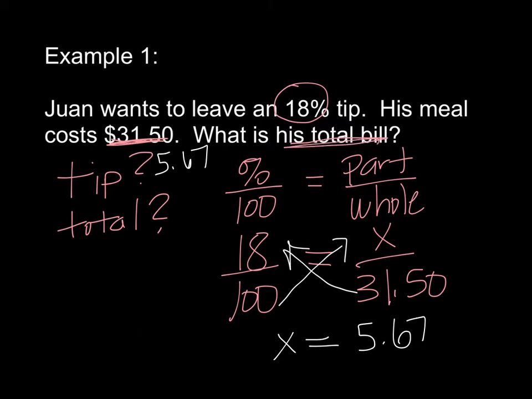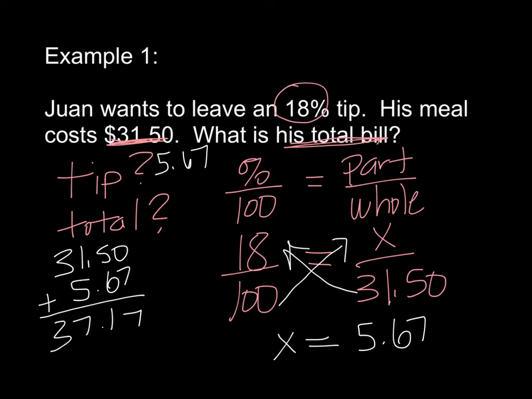So we have to take our tip and add it to the cost of our meal. So our total would be $31.50 plus $5.67. And Juan's total bill is $37.17. That's $31.50 for the meal and $5.67 for the tip.